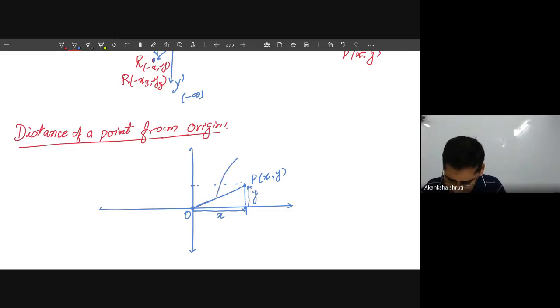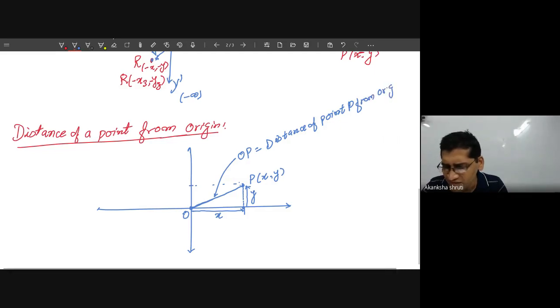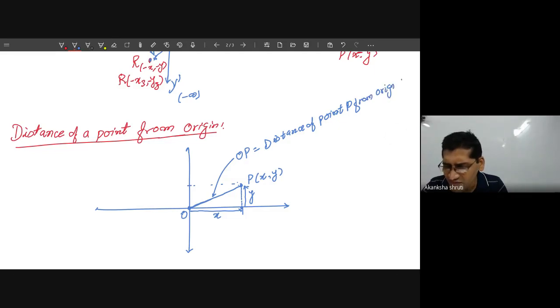This is called OP. So this gives us the distance of point P from origin O.